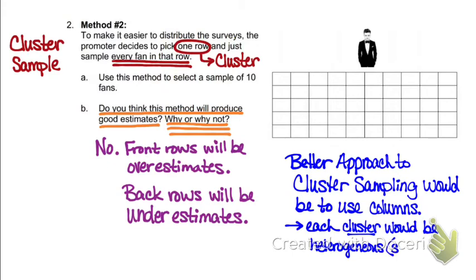You got somebody from the front row, somebody from the second row, somebody from the third, somebody from the fourth, somebody from the fifth. So we have all of the rows represented in two different clusters instead of just getting one row. So same spread from each row.